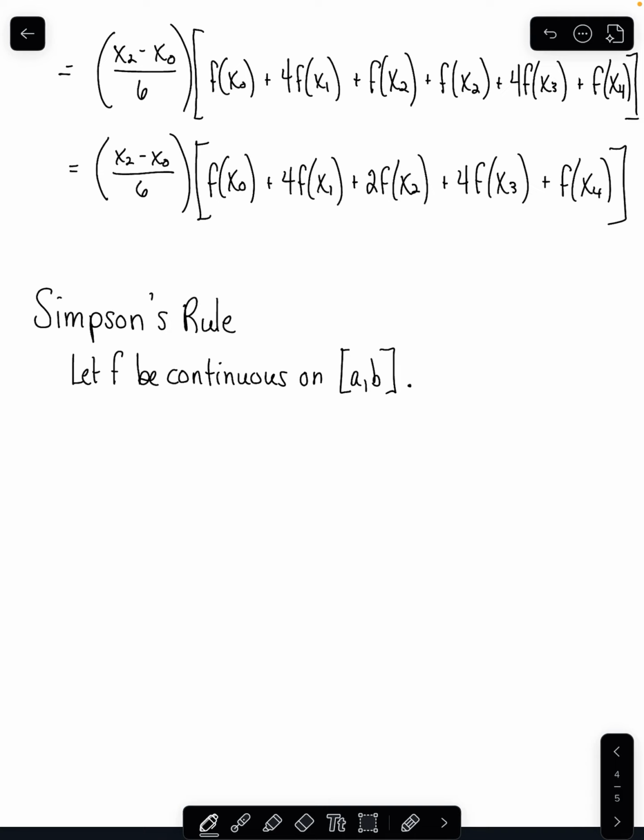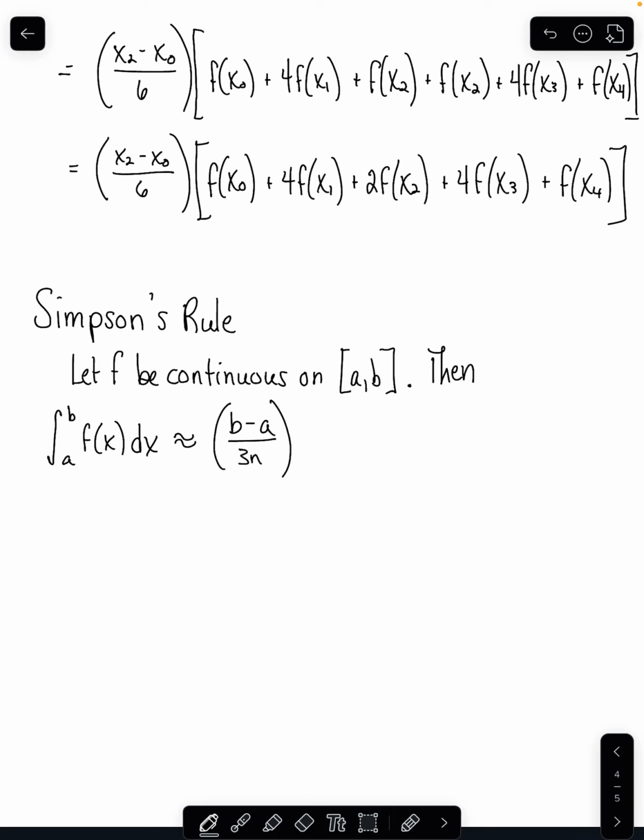In this case, the definite integral from a to b of f of x dx can be approximated by the full interval width divided by 3 times n.